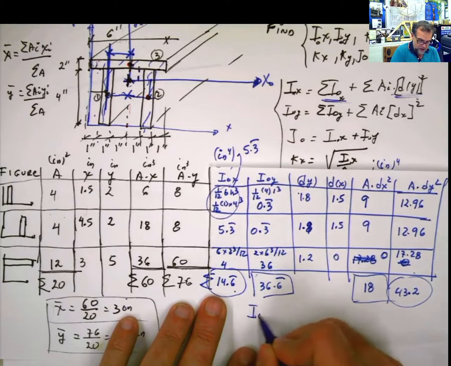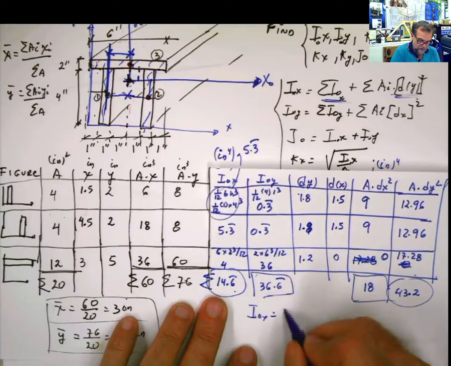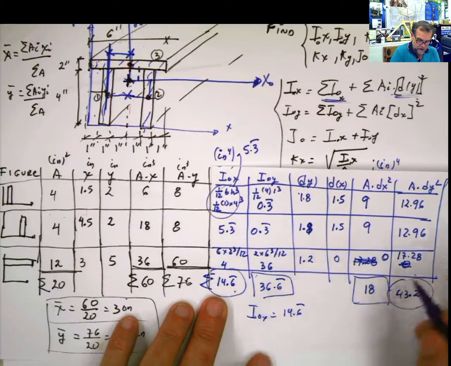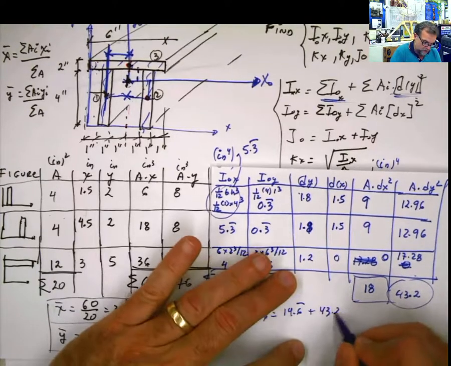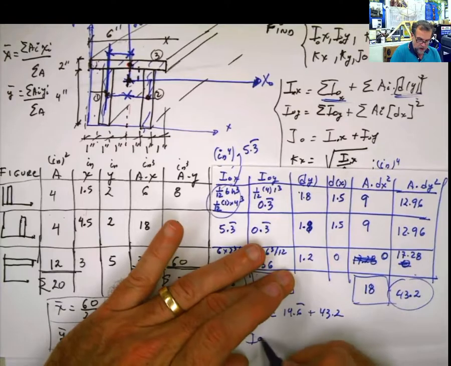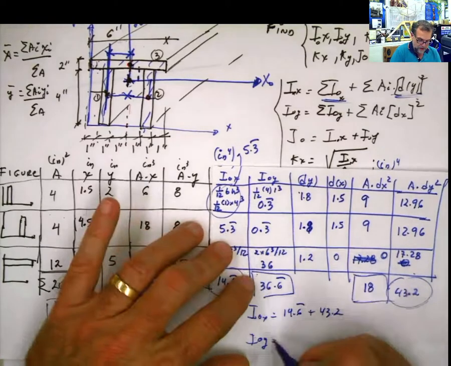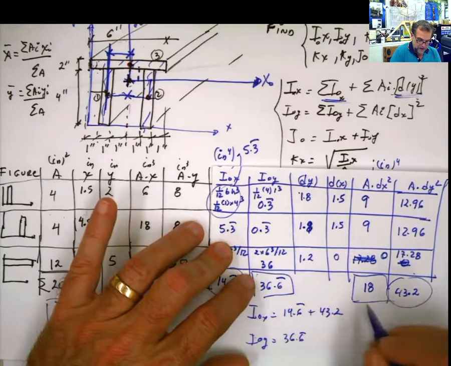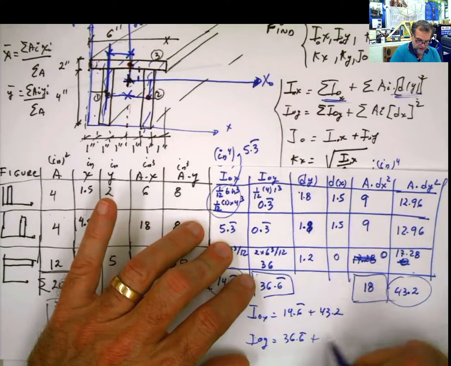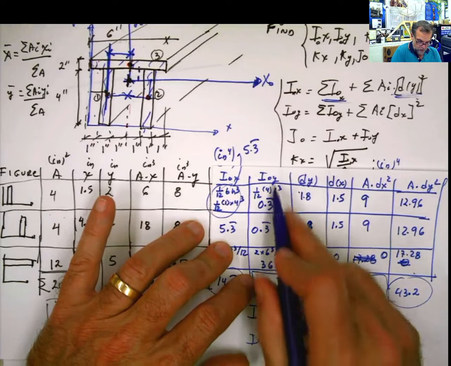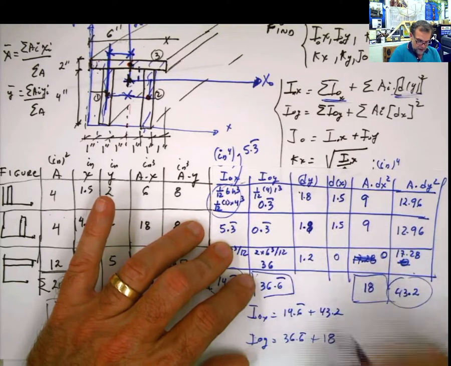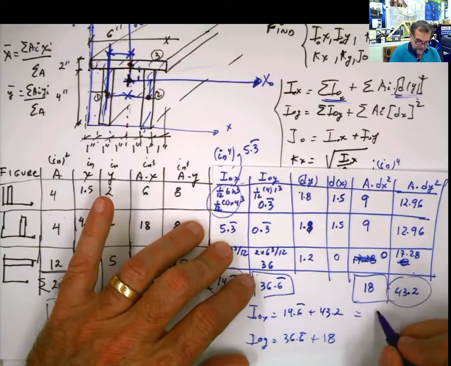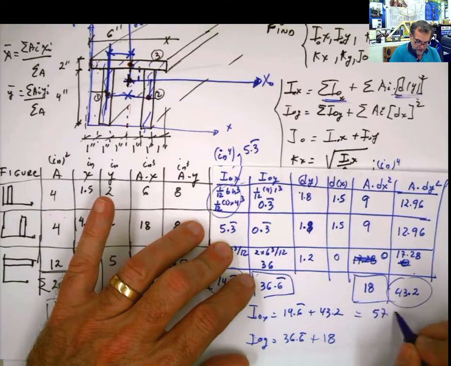So I sub 0 in the X direction is going to be 14.6 inches to the fourth plus 43.2, and I sub 0 Y is going to be 36.6 inches to the fourth plus 18. Y with X, X with Y. Now this plus this is 57.82.